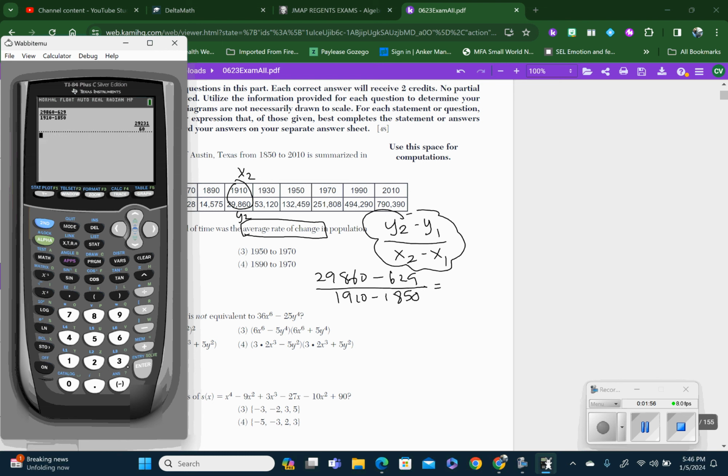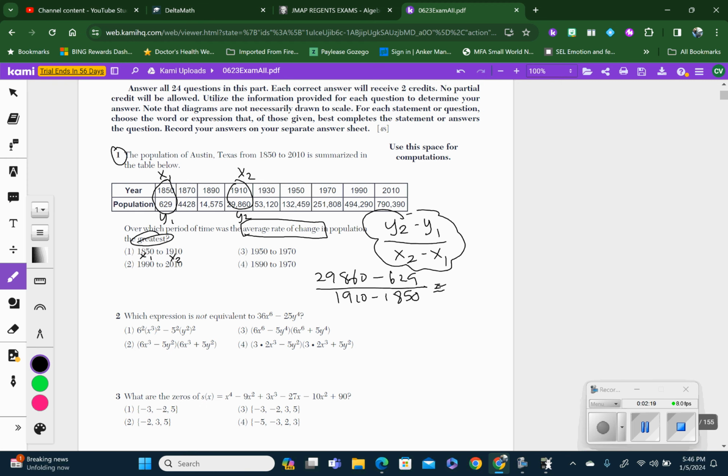We don't want it like this. We want our answer as a whole number. So I'm going to hit math, and let's change that to a decimal, option number 2. When I hit enter, I get about 487.